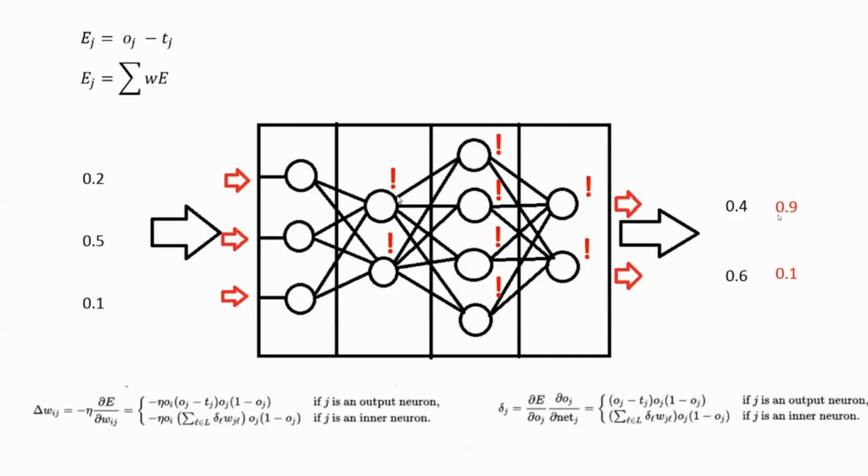In this case, we had 0.9 and 0.1, or let's say the intuitive error, the difference is 0.9 and 0.1. But the first thing we need to do is multiply it by the derivative, and the maximum value of that is 0.25. So let's say the actual gradient at these neurons can have a maximum value of 0.25.